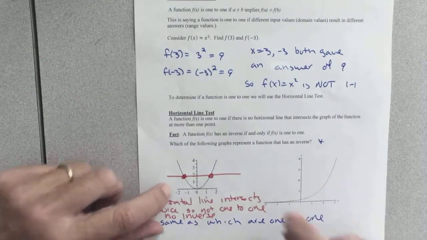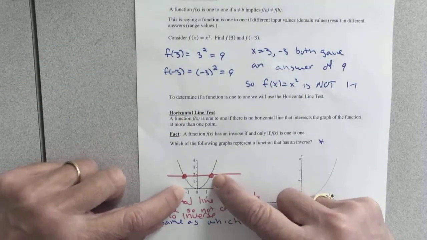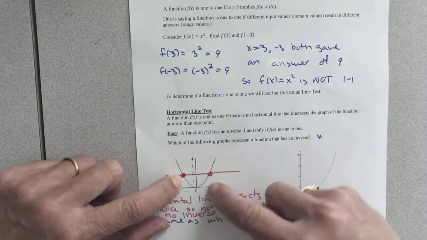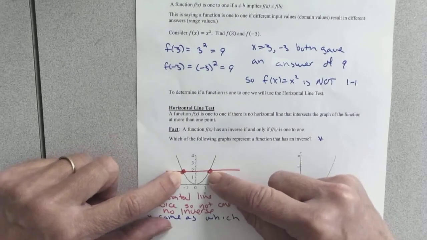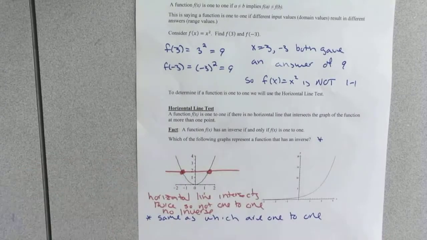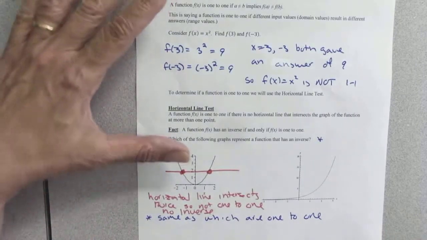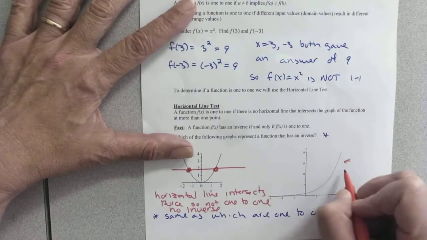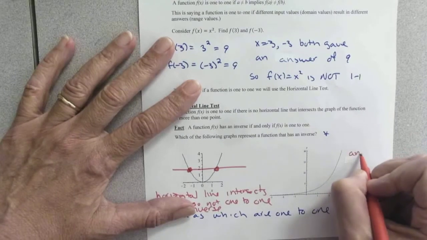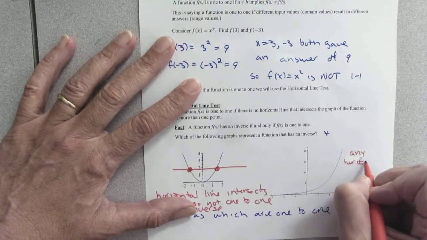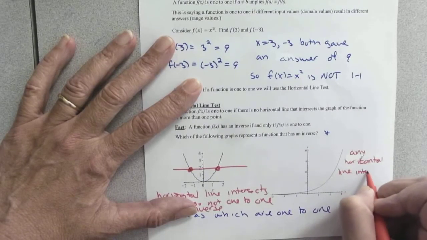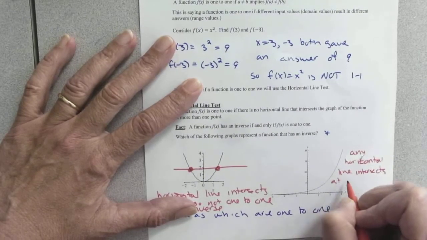And here, maybe this was like negative 1.1 and that gave me 1.9. And here maybe this was 1.1 and gave me 1.9, just guessing. But my different x values were giving me the same y value, so not one-to-one. And this one is one-to-one. Over here, any horizontal line intersects at most once.